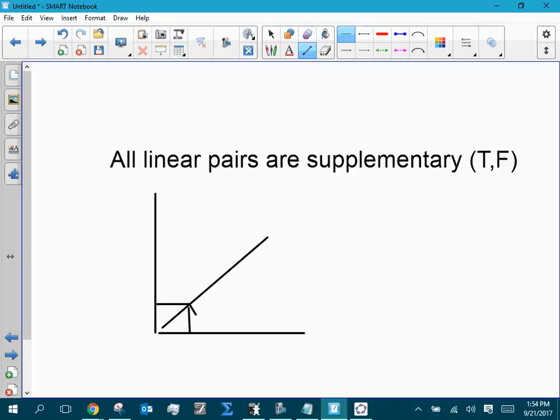Like linear pairs, there is not a special name. We just refer to those as complementary adjacent angles, or adjacent angles that are complementary. In contrast, if you have supplementary angles that are adjacent, we have a linear pair, right? So there's no real additional tag word or definition that we use for right angles.